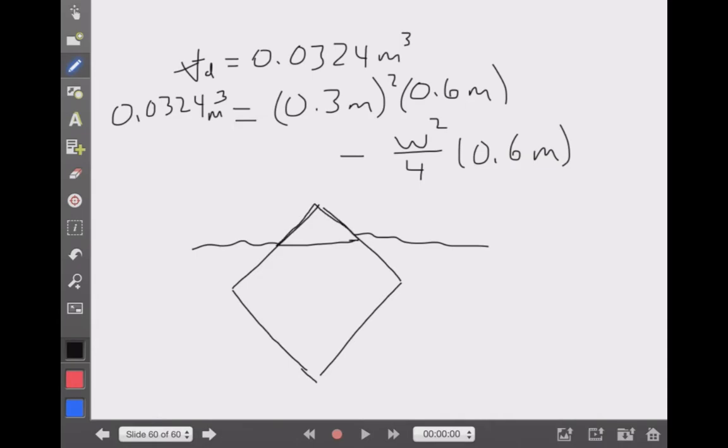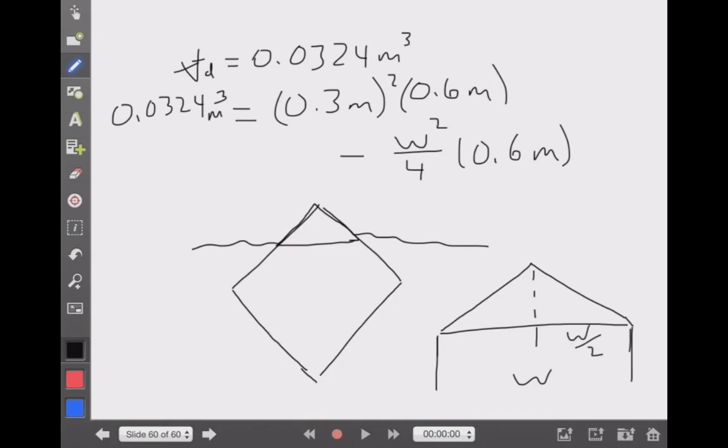And if we blow that up to look at it, this is not going to be very well to scale, but obviously this is the dimension we want. This is W, but half of that is W over 2.